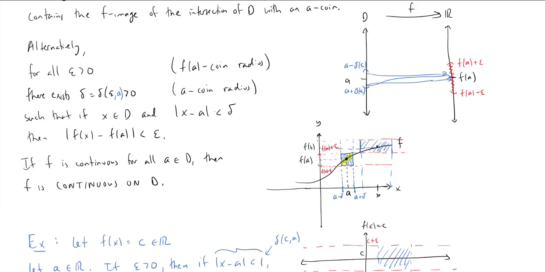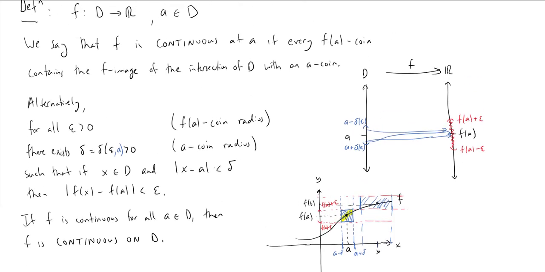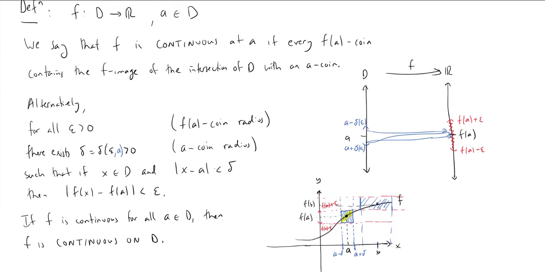It looks almost identical. The only difference here is when we defined continuity, it was at a point, we said it's continuous at a. And so this delta depends on the a that we're choosing, at least in a vacuum. For specific examples, of course, we know it doesn't have to.